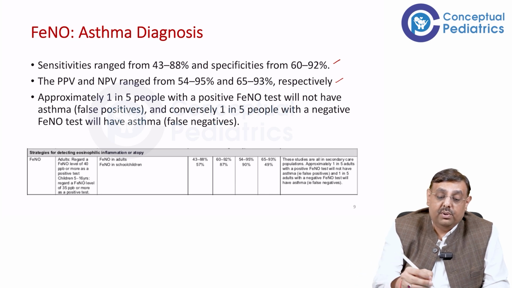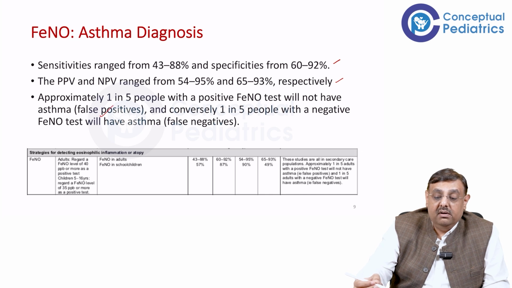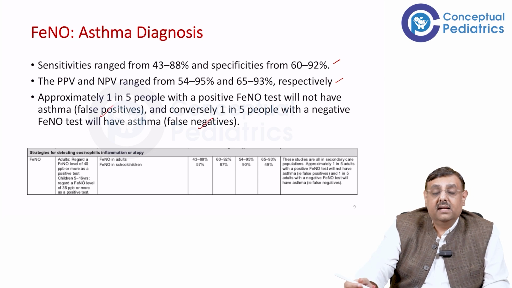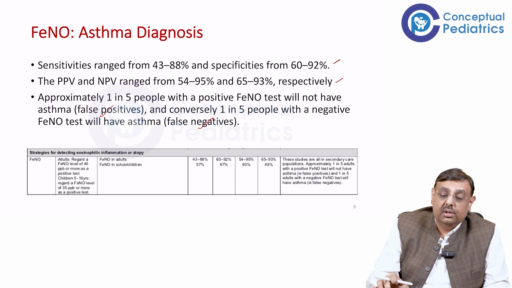So these are the false positives. Conversely, 1 in 5 people with a negative FENO can have asthma. So these are the false negatives, and hence, as I said, it is not a very robust investigation for diagnosis of asthma, and that should be borne in mind whenever you are trying to order the test.